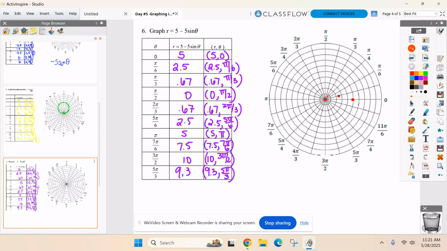Another tiny one, barely one. Just pay attention to the degrees because I skip over some on this grid here.